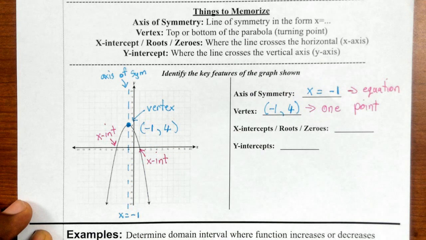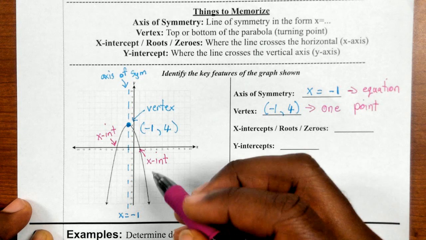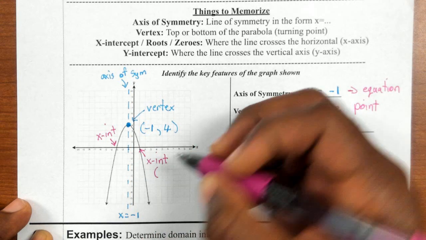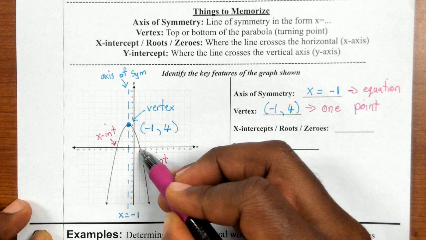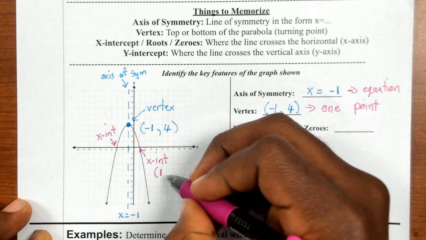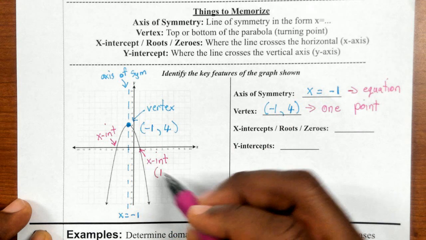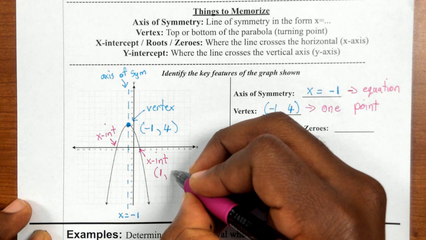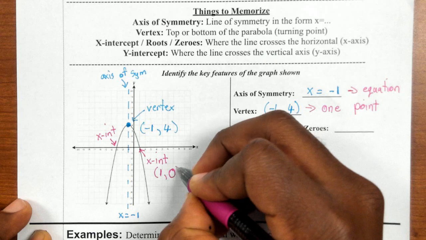Your x-intercept is also a coordinate. For this case, x is 1, and when you find an x-intercept, y is always going to be 0. So it would be 1, 0.